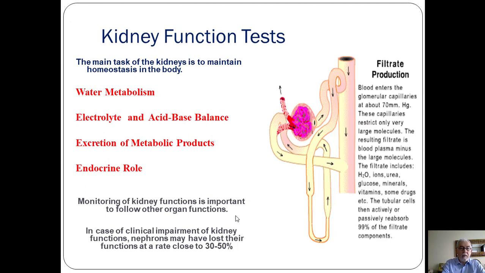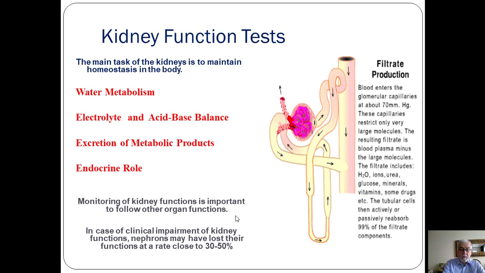Our kidneys are responsible for water metabolism, electrolyte and acid-base balance, and excretion of metabolic products, and we know very well that the kidney also has an important endocrine role in our body.